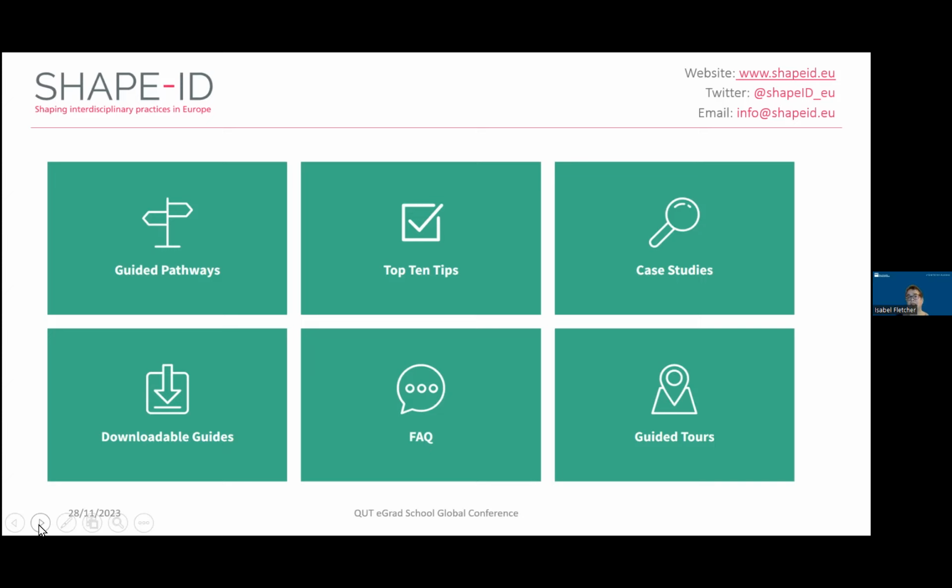We also have some case studies focusing particularly on the arts, humanities, and social sciences. Some downloadable guides to particular topics that we thought would be of interest. The FAQ is another way of navigating the website, and the guided tours give people a short introduction to what resources might be available to them.